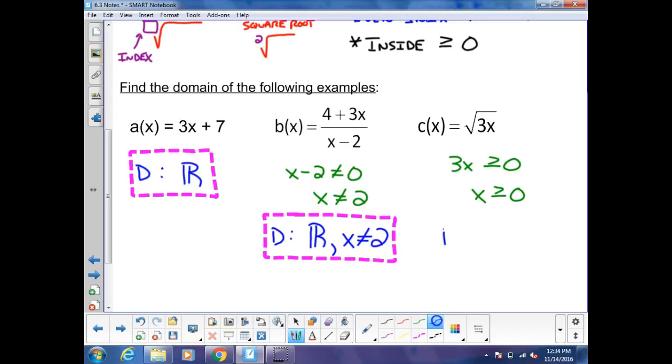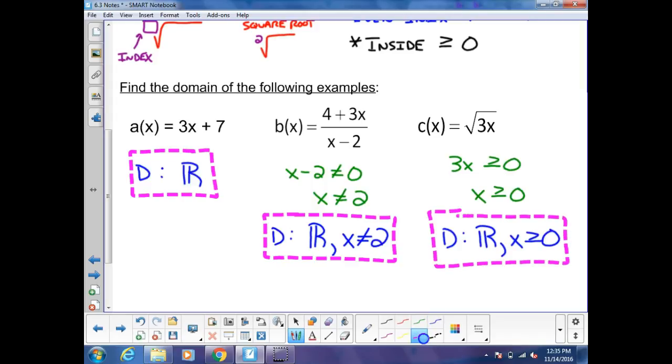So the domain here of my function then is all real numbers with the exception that x has to be greater than or equal to 0. The index of the radical is even, it has an index of 2, because it's a square root. From what I had said earlier, we just don't write the 2 there.